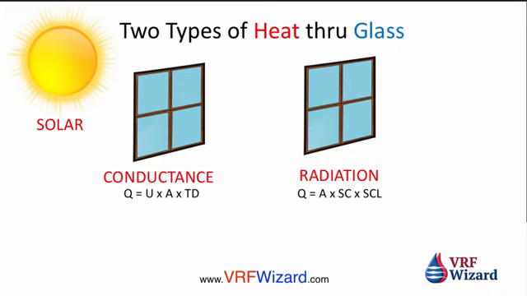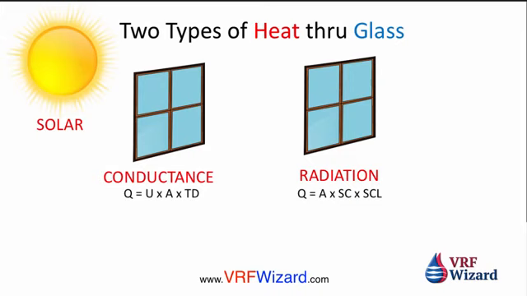So then the solar or heat gain through glass occurs two ways. One is conductance. That is just basically based on the temperature difference between the indoor and outdoor temperature. And then the U value, which is the inverse of the resistance of the glass.